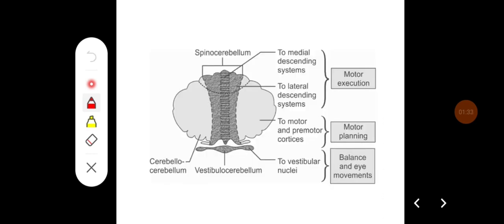So this diagram shows three functional divisions, that is vestibulocerebellum, spinocerebellum, and cerebrocerebellum. The spinocerebellum is involved in motor execution, whereas the cerebrocerebellum is involved in motor planning, and the vestibulocerebellum is involved in balance and eye movements.